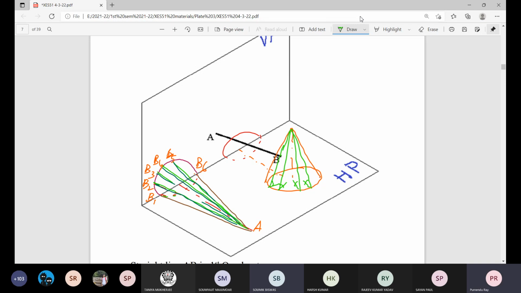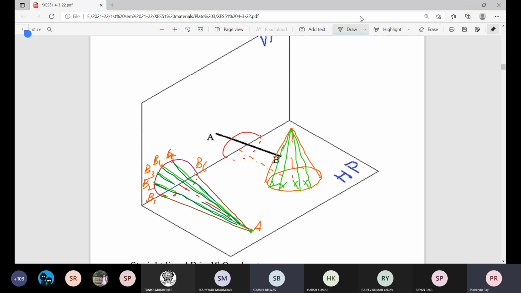That is angle phi. And one end is fixed, the apex of the cone. Other end of the variable position straight line, AB, etc. It is taking different position B1, B2, B3, B4, B5, B6, etc. But wherever you go, length of the line is fixed. Angle made by the line with the vertical plane, that is also fixed.